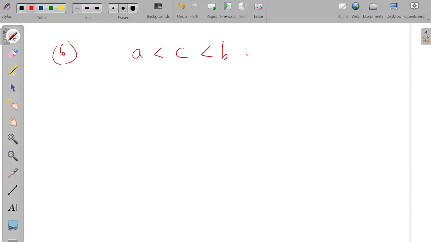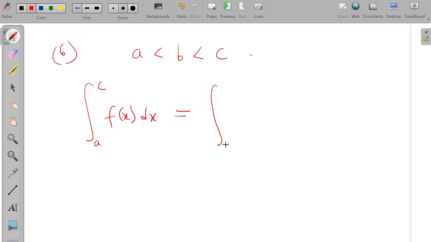Let me do it alphabetically so that you can understand, a, b, then c. So if we have the integration from a to c of a function, this is the same thing as integrating from a to b of that function plus integrating from b to c of that function.